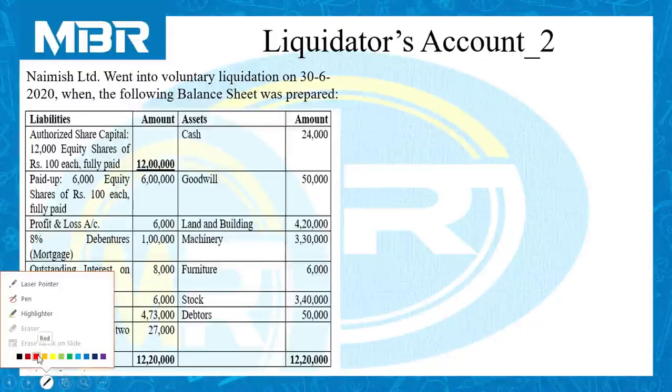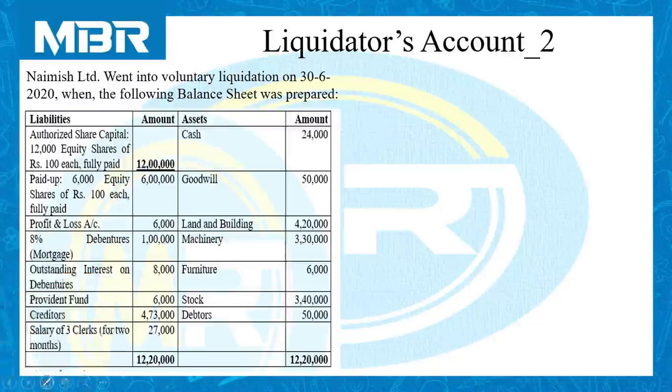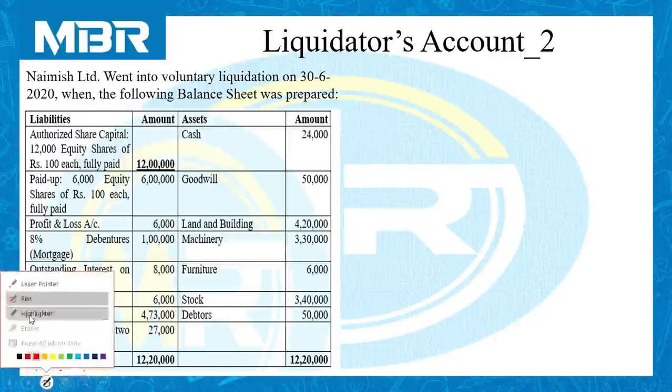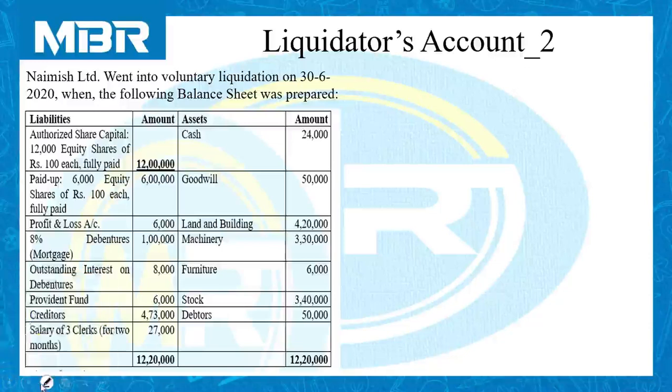Information regarding authorized capital is given to us just for the purpose of presentation and understanding. We are not supposed to consider authorized share capital anywhere in our calculation. Paid up capital: 6,000 equity shares of rupees 100 each, fully paid. So the amount of equity capital is rupees 6 lakhs.